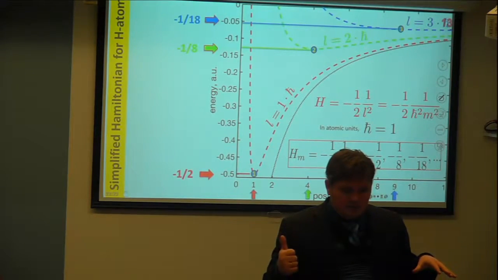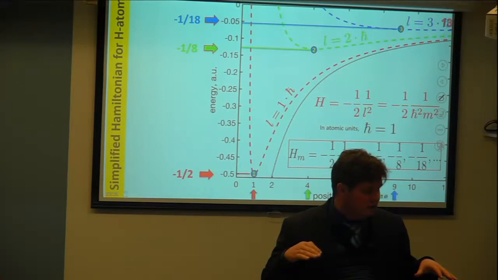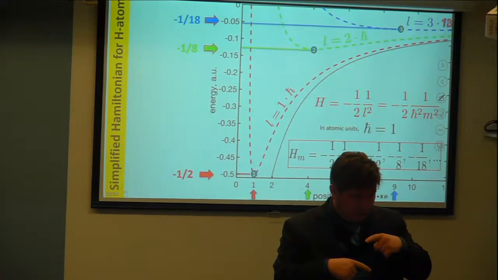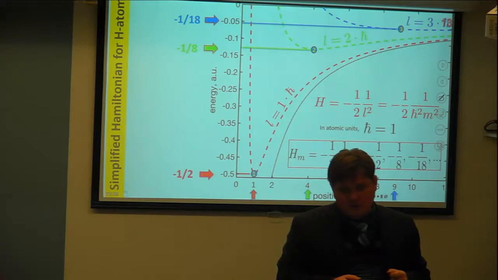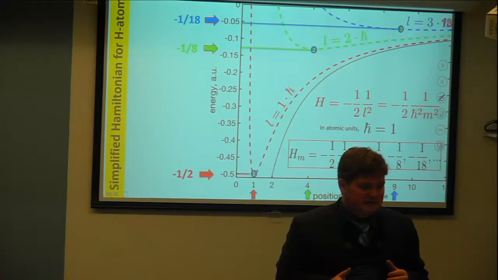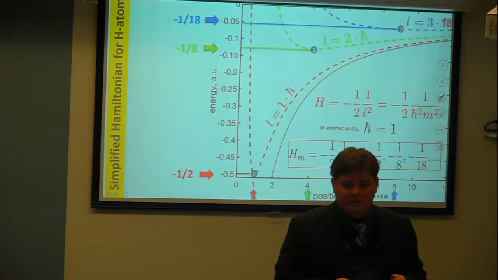The plus of Bohr theory is that it reproduces experimental spectra for absorption and emission of light. The energies, not the intensities of lines, but the actual energies at which the peaks will be observed. Everything else is disadvantages, but this was a really strong leap forward in human civilization.